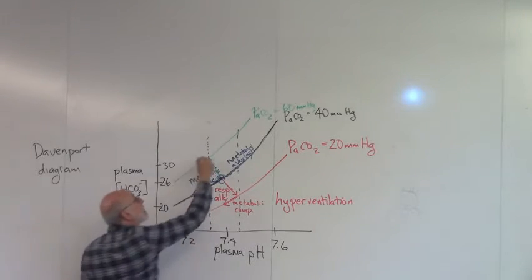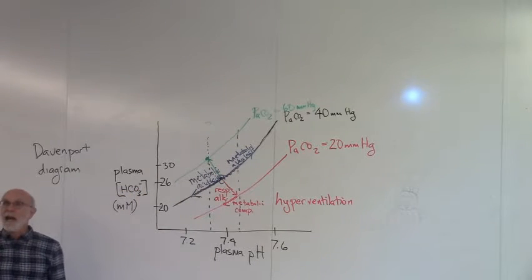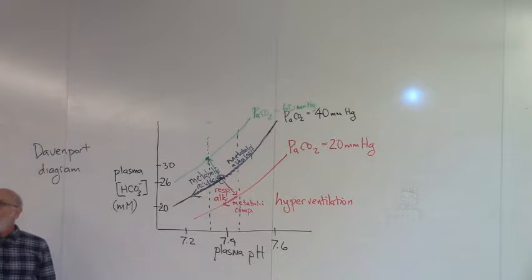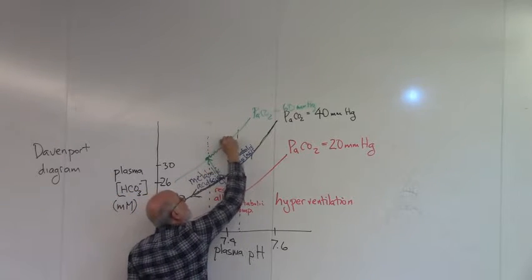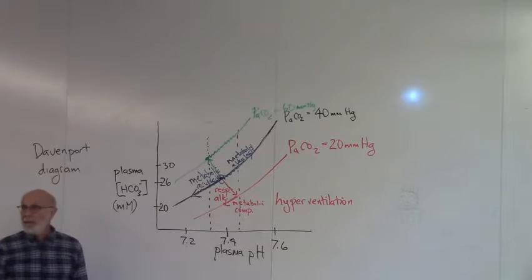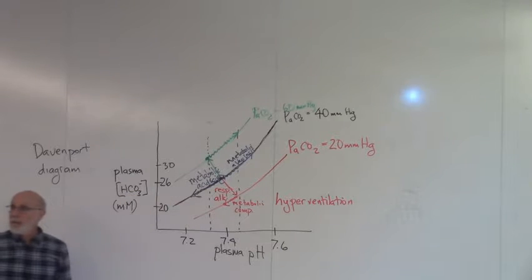And again, you can see that we start to get outside of the desired range. And so what is going to be the body's response to hypoventilation? It's going to try to excrete acid to bring it back to a normal value of pH.